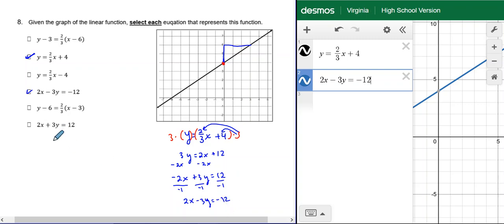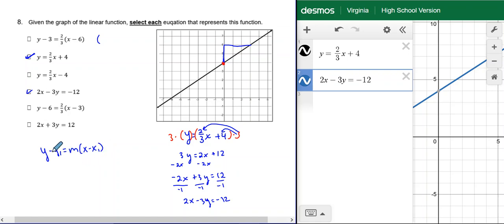And then finally, the last one, it looks like it's the point slope form. So the point slope form, if you remember, has the slope here, and then we use one of the coordinates to find the point slope form. So let's see, this coordinate right here, just take the opposite sign, because the point slope form has it like this.